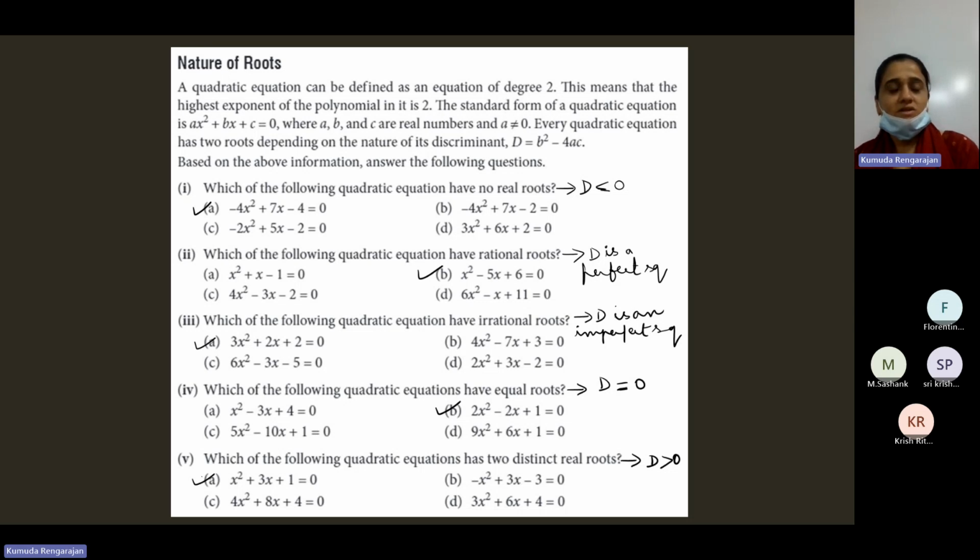So D should be a perfect square, then rational roots. If D is an imperfect square, supposing 30, root 30 is root 30, so the roots will be irrational. So if D is a perfect square, the quadratic equation will have rational roots. So B, all of you say B for the second one.